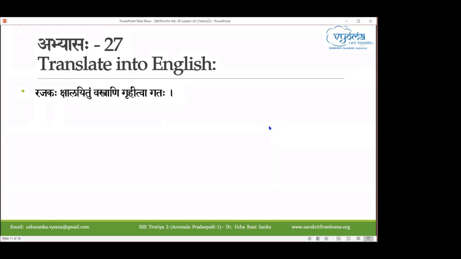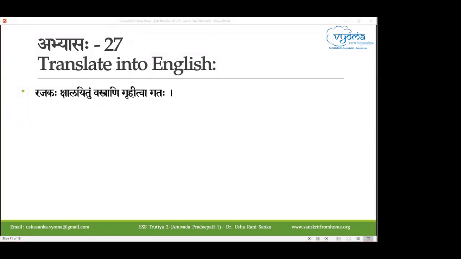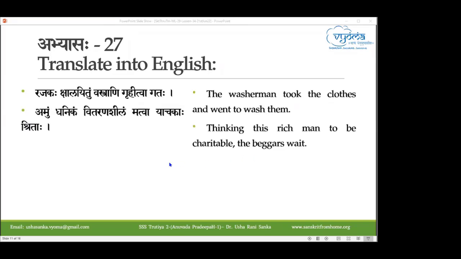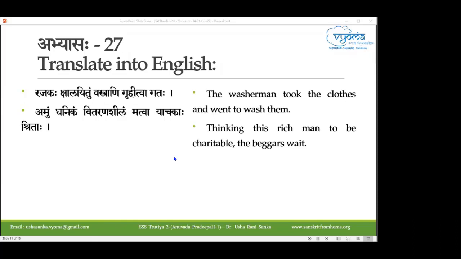Bhagini, one suggestion, one request. In Tritiya, Raghunandan ji used to circle a word and give some numbering. Some words are there which we may forget later on.